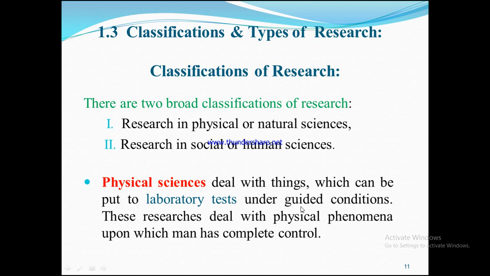So in the case of physical science, there are guiding conditions, situations, or manuals in order to put things into the laboratory test. Such research is mainly concerned with physical occurrences or phenomena over which man has complete control.